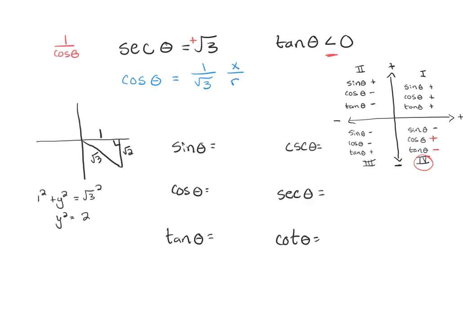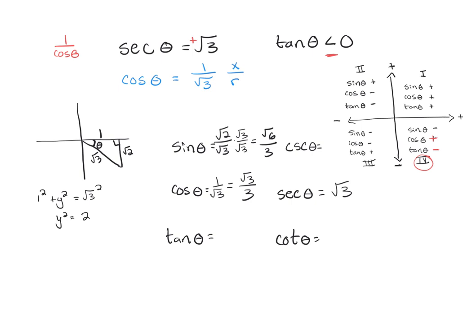Okay, so to evaluate all 6 of these, we already know secant is positive square root of 3, and we know cosine is therefore 1 over square root of 3, which is square root of 3 over 3. So let's do sine. Here's my angle. Opposite over hypotenuse is square root of 2 over the square root of 3. If you rationalize that, that would be the square root of 6 over 3.